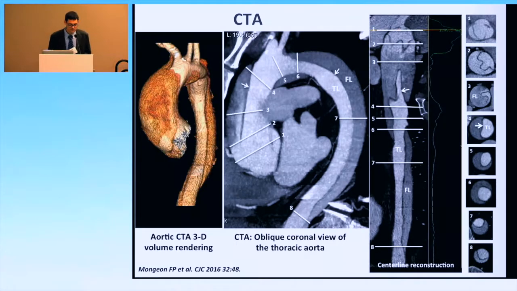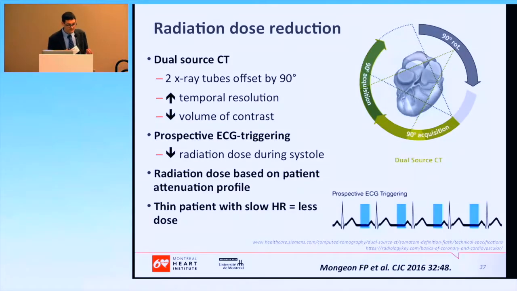CTA, as I said, is the imaging of choice for an acute aortic syndrome. So here you see an example of dissection with what's called a central line reconstruction that basically takes the aorta, straightens it out, and allows measurement at different levels. Radiation is always a concern with CTA.